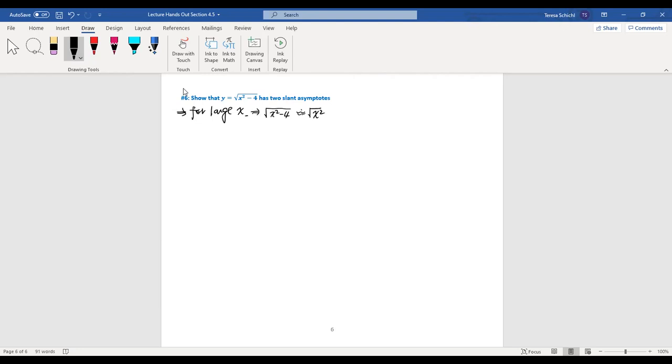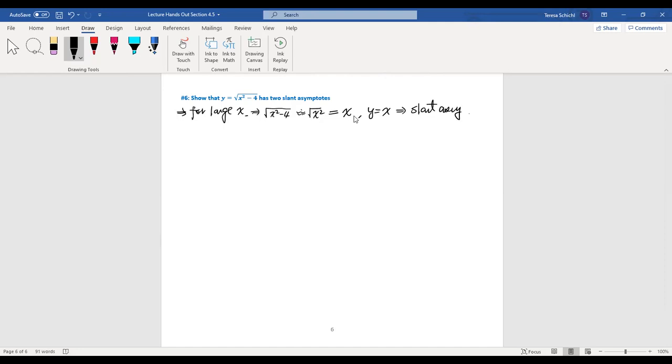So that means this will be equal to x. That's why we guess maybe y equals x will be one of the slant asymptotes.